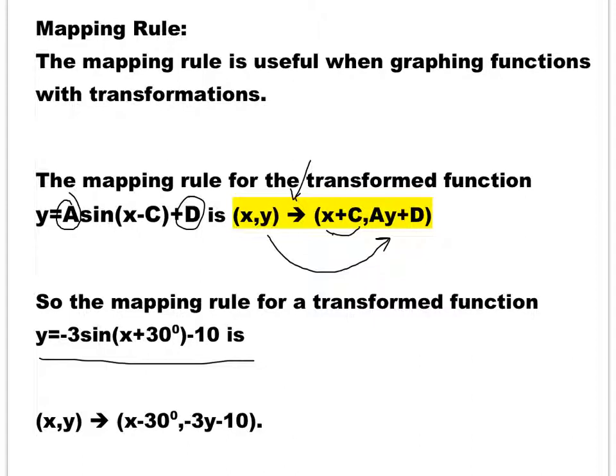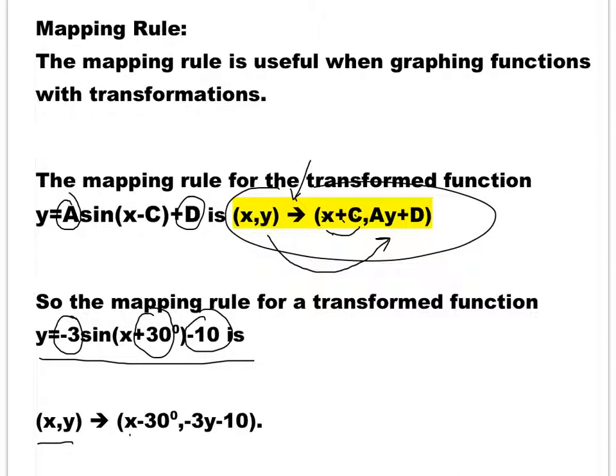The mapping rule is, as I said before in this formula, (x, y) is going to transform to x plus c. If you look at this, you can see c is -30 because you just flip the sign. So x plus c becomes x minus 30, comma, and y becomes ay plus d. Your a value is -3, so it's going to be -3y. And then your d value is -10, so it becomes -3y minus 10. This is going to be your mapping rule.